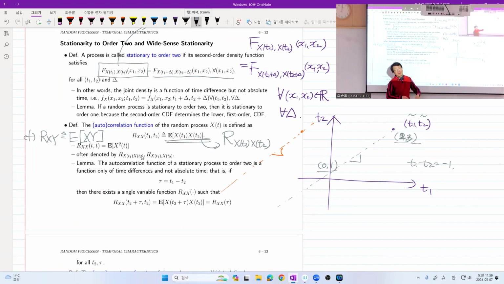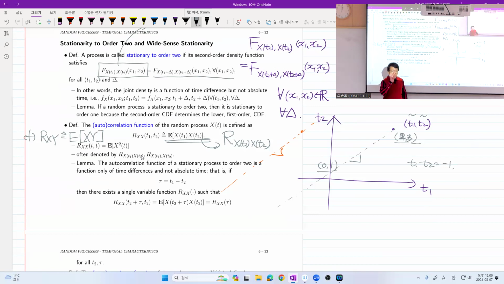Of course, now any word processor can handle this notation, but still the tradition goes. So they love to write this way. But anyway, this is a two-parameter function. And what are the parameters? T1 and T2. So this is a two-dimensional function. Got it? So this notation makes sense, right?